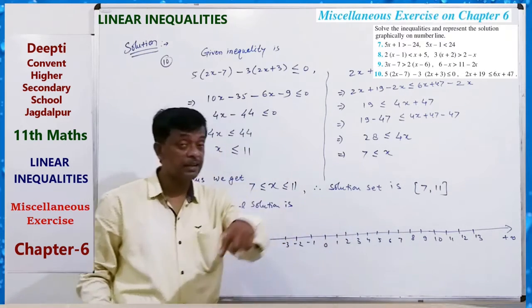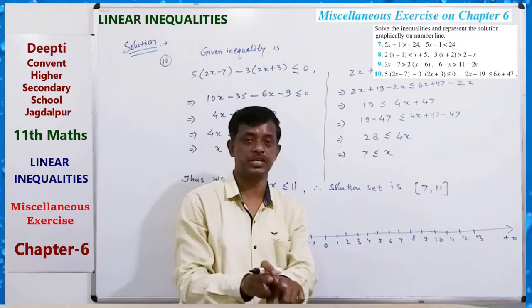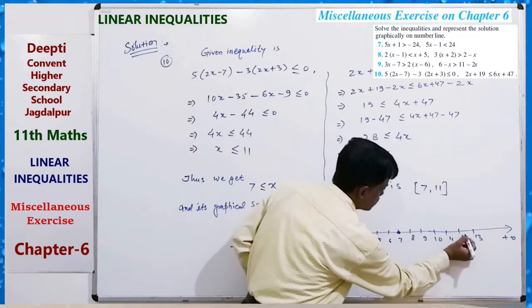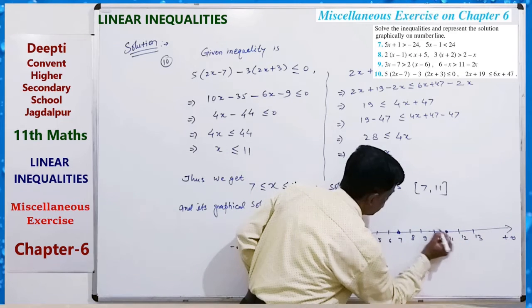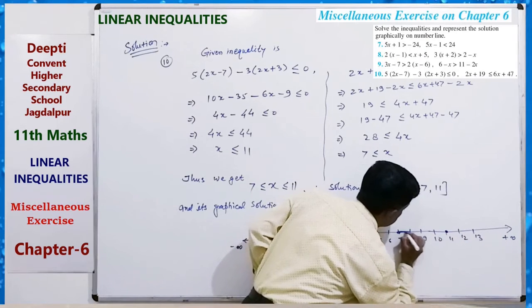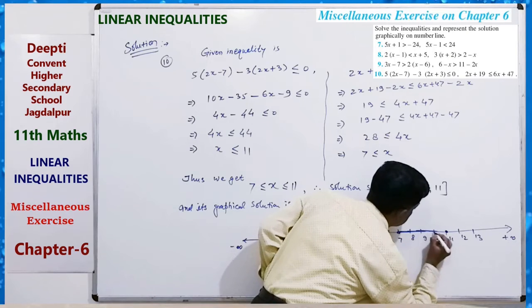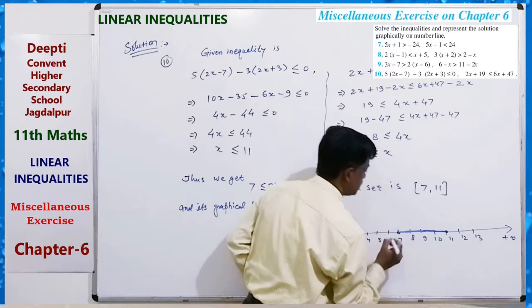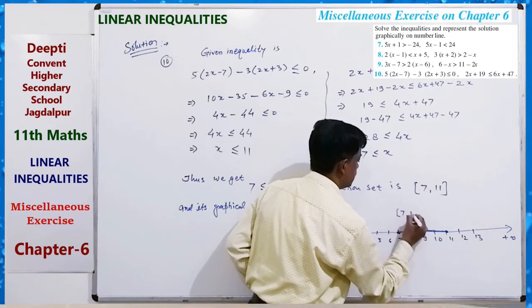Here minus 7 and 11 both are included in the set. So minus 7 is bold and also 11 is bold. Just draw a bold line there. This is the graphical solution of minus 7 to 11.